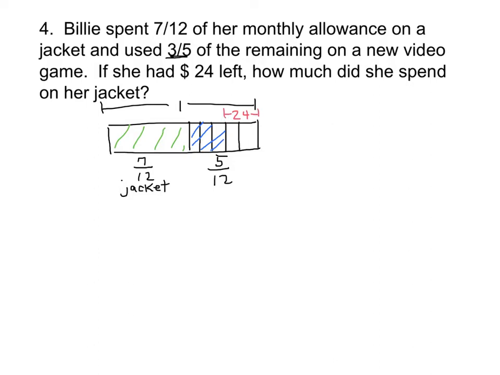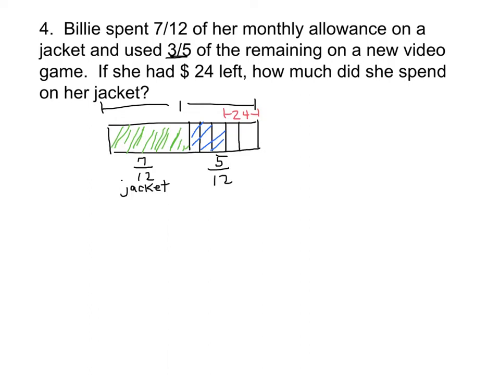Okay, so I'm going to pause for just a minute there and let you take a look at that drawing and see if you agree with it. We have her whole allowance. We can split it into 12ths, and we know that 7 of these 12 parts were spent on a jacket.